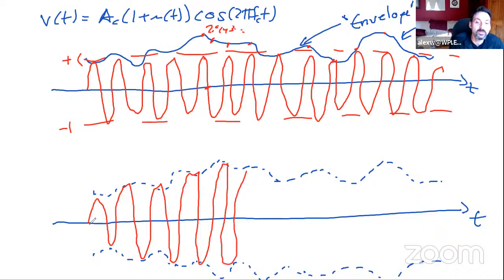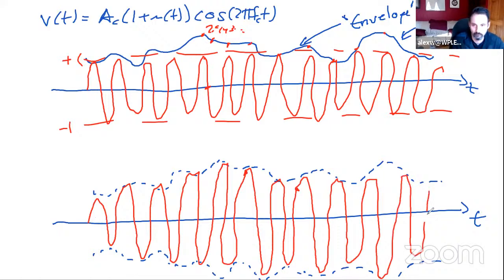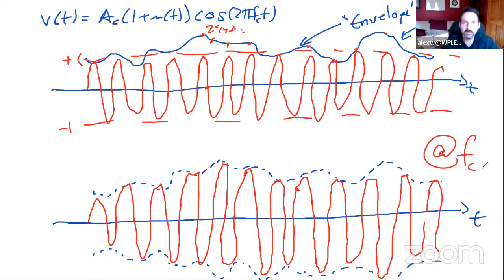It's going to have the same frequency, fc, but its amplitude is going to vary as a function of g of m of t. Beautiful. That is what gets communicated at fc. So that, okay, folks, is what we're doing here.